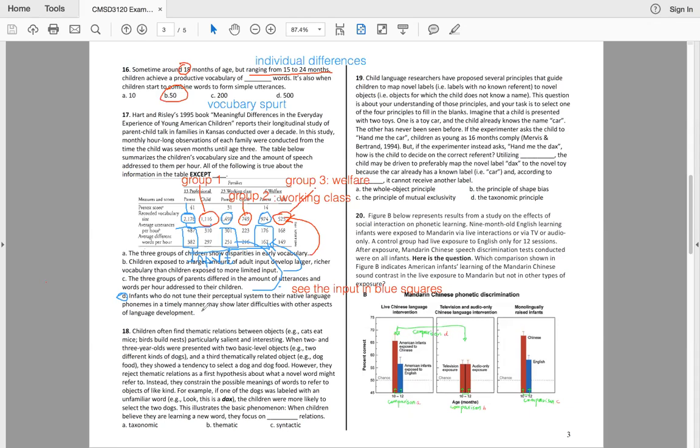So this is a true statement. D is a true statement, but not the right answer, because it is not what the study is about.